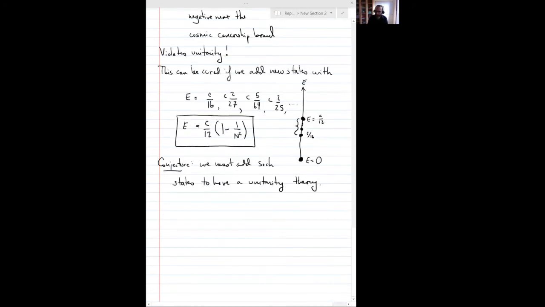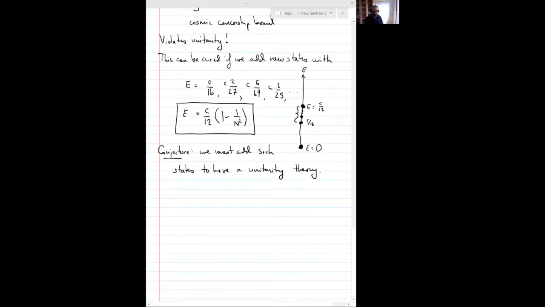So the question then is, what is the geometric interpretation of these states? I could go through an argument which makes this much more clear, but in the interest of time, I'll just tell you what the answer is, which is that these are orbifolds of AdS by Z_n.